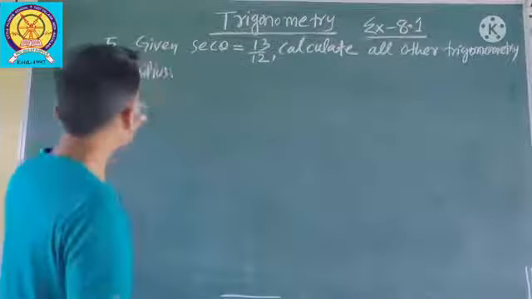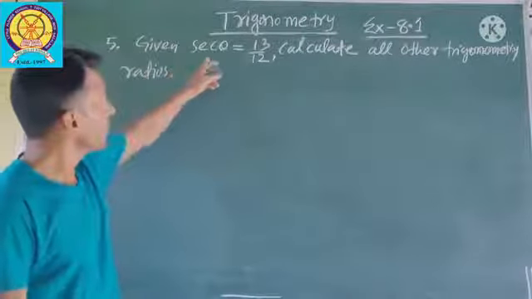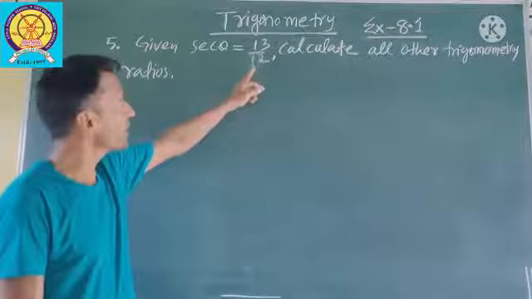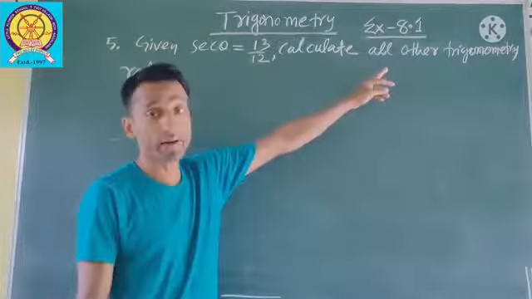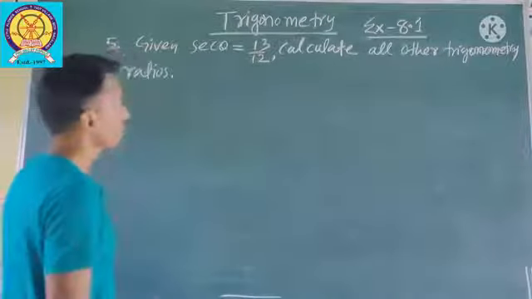Let's see question number 5. Given sec theta is 13 by 12. Calculate all other trigonometric ratios.